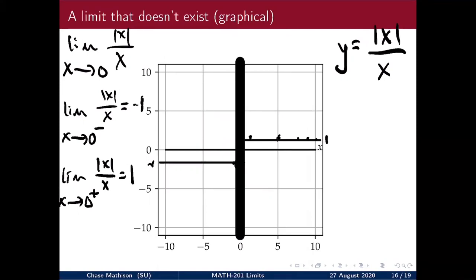And so, because these two limits are different, which is something that I mentioned on a previous problem, clearly f isn't settling down to one value, right? And for that reason, we would say this top limit here, the limit as x approaches 0 of absolute value of x over x, does not exist. Not equals does not exist, but just does not exist.